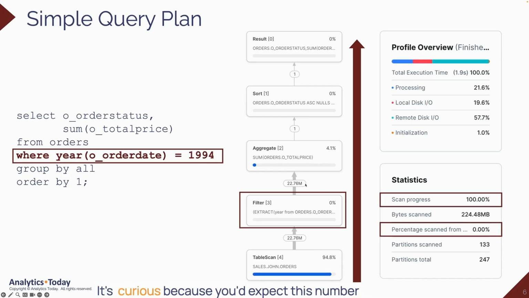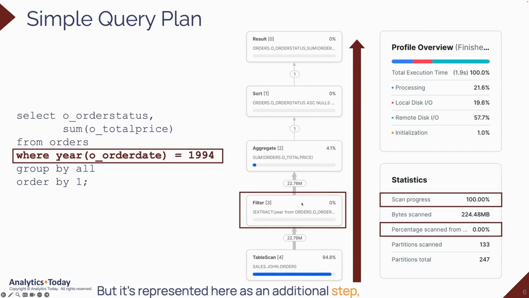It's curious because you'd expect this number being fetched to be lower than this number. The reason why these are exactly the same is because this filter is actually being pushed down into the table scan. So your where clause has been applied physically down here, but it's represented here as an additional step.